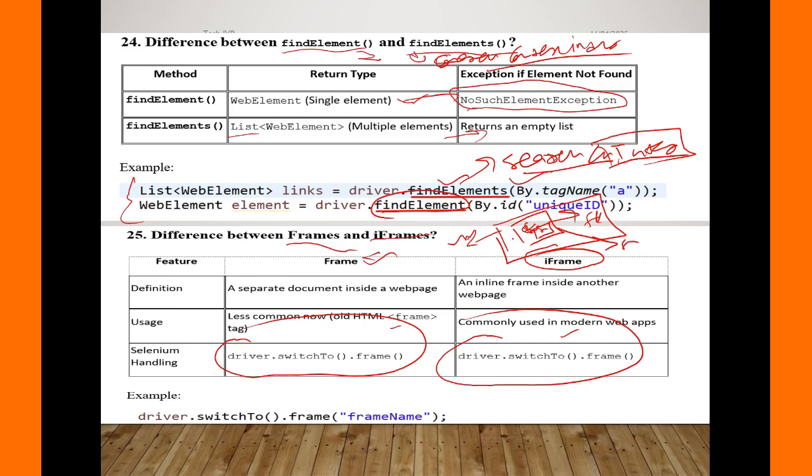You launch the URL, then write the command driver.switchTo().frame(), and it will come to this frame. After that you can enter the inner iframe using the same method, with whatever frame name, f1, f2, frame 1, 2, whatever.